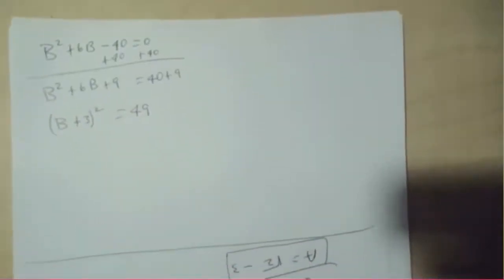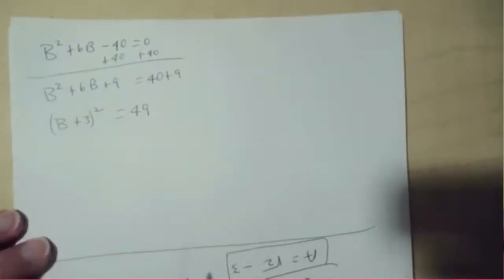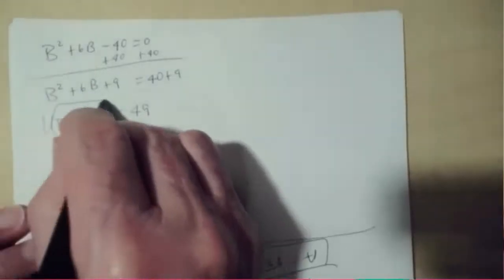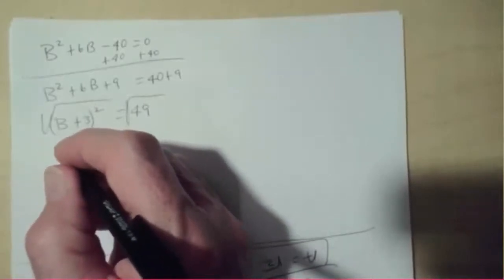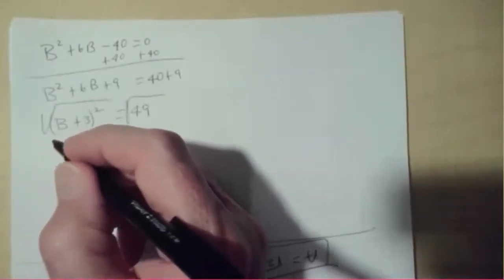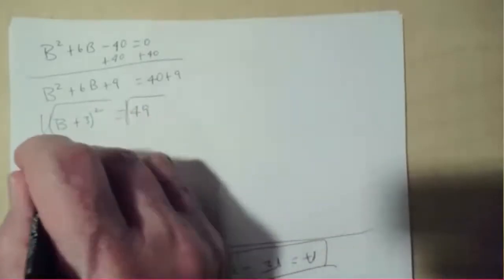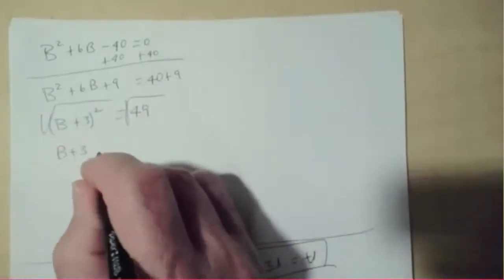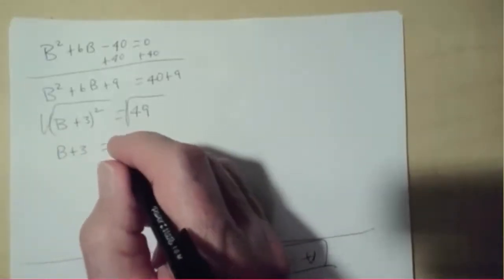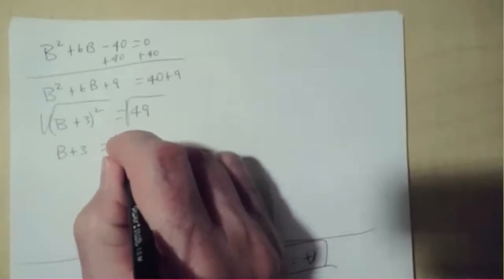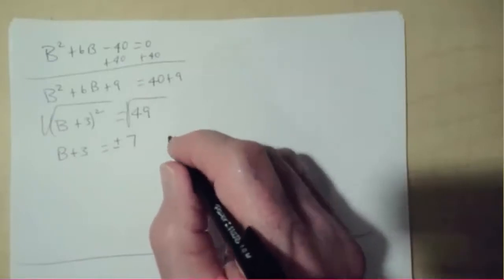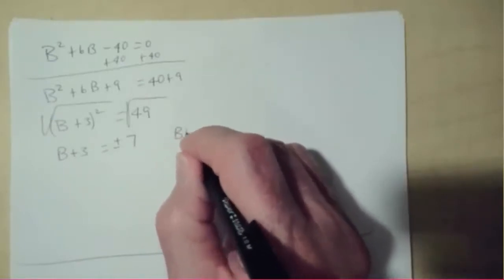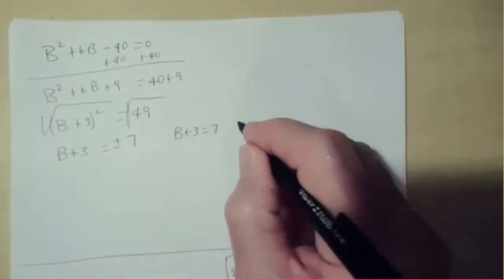Now b squared plus 6b plus 9 is b plus 3 all squared equals 49. After you do a few of these, you'll prefer to do this rather than something else. These are real simple. Okay, now how do we undo a square? Square root. So we have b plus 3 equals plus or minus 7.